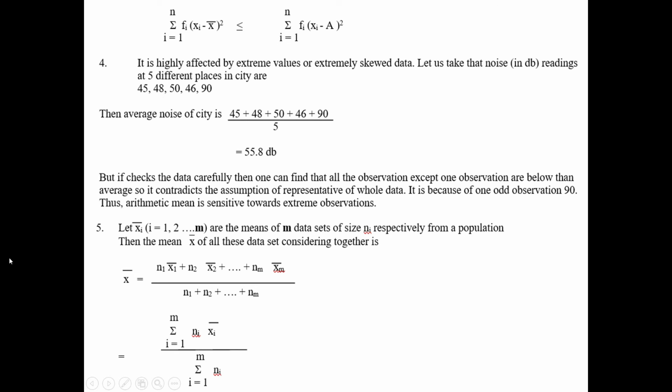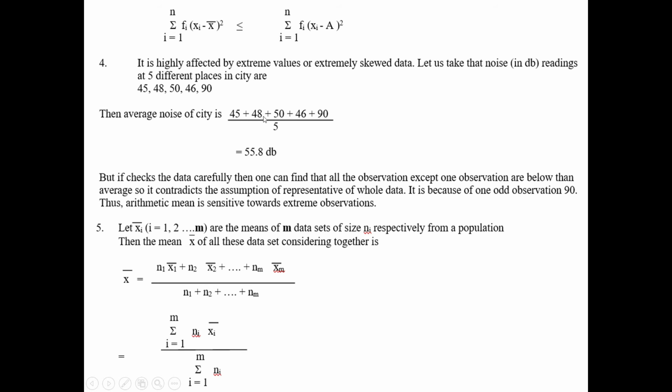Number 4, it is highly affected by extreme values or extremely skewed data. If the first data or last data is very heavy, just see, we have noise readings in decibels: 45, 48, 50, 46 and 90. Here these four values are almost the same, with very little difference, but this one is very big, 90.